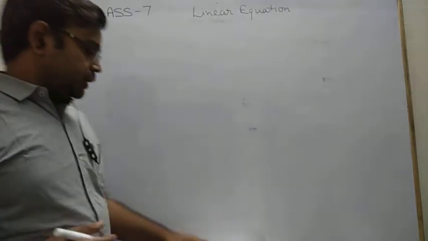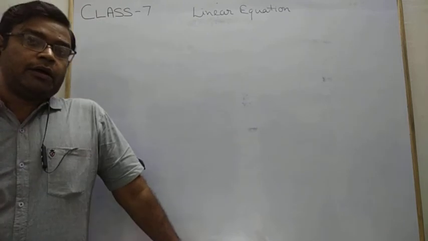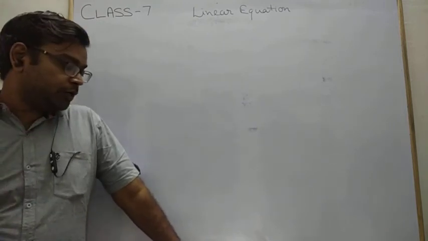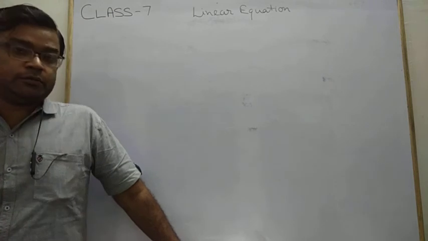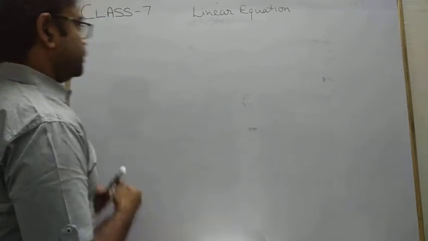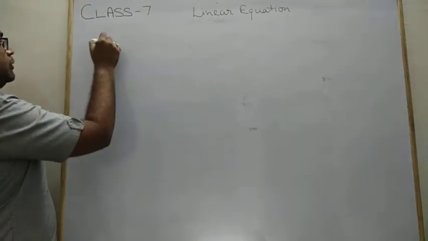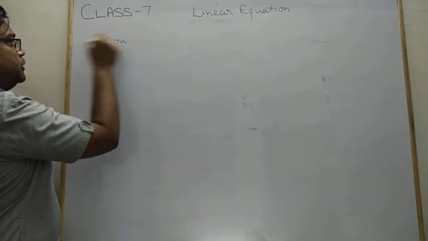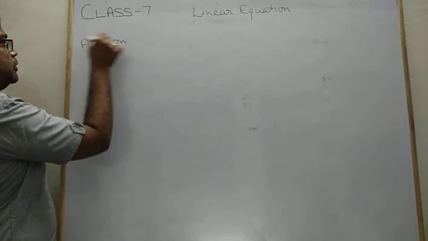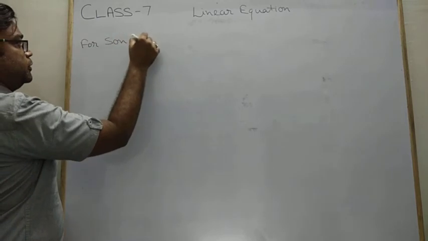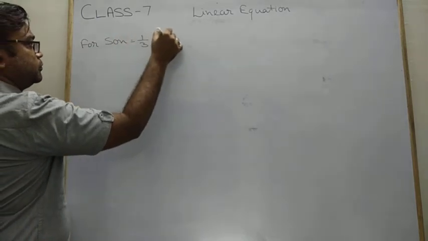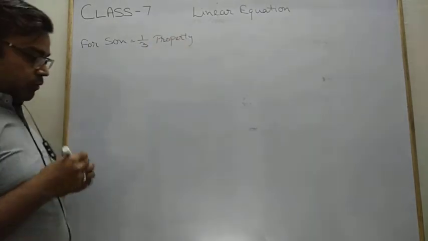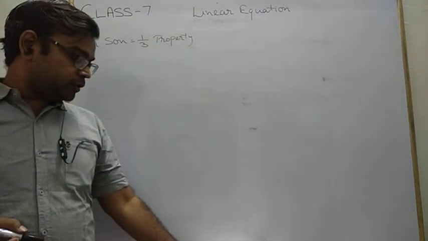Okay, this last question says that Pratik, one person, left 1/3 of his property for his son. Means what? Pratik left 1/3 property for his son.